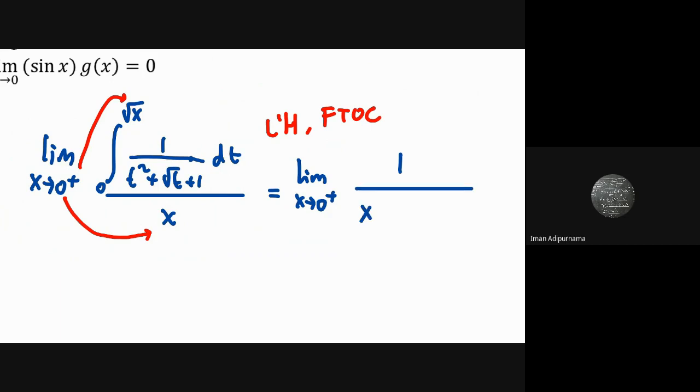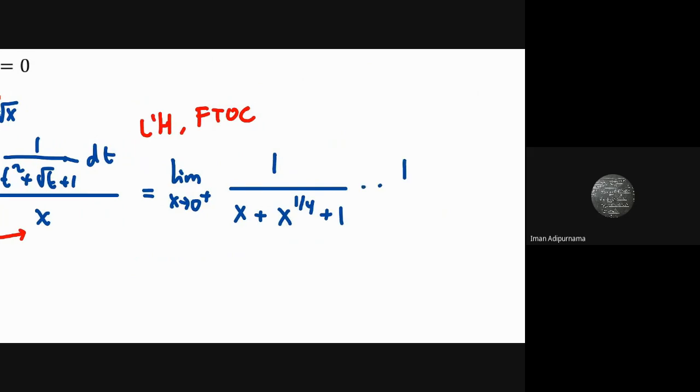over the square root of x, get the square root of x, and then plus x to the power of 1 over 4, because squared and then squared once more, and then plus 1. And don't forget the chain rule. Okay, the first part is not a problem, right? It converges to one.